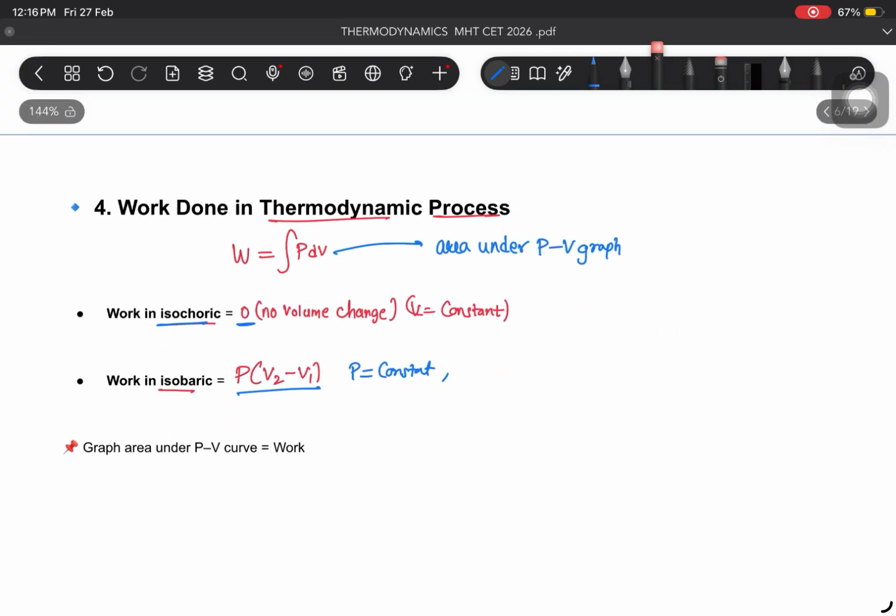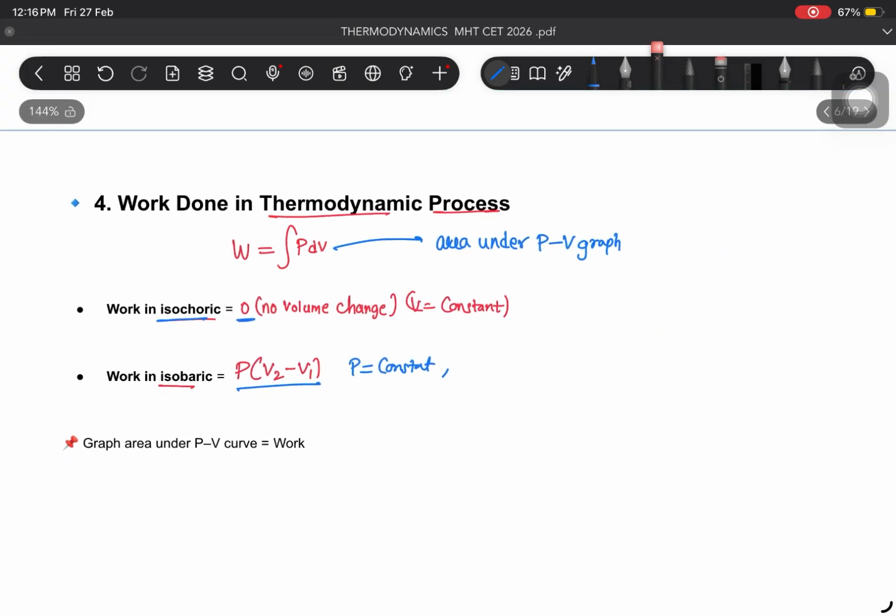So the area under the PV curve is the work.